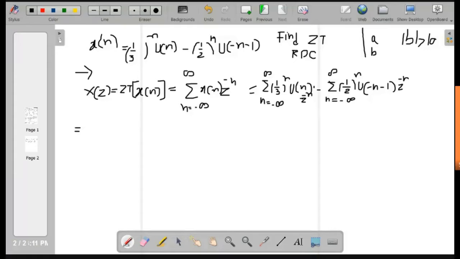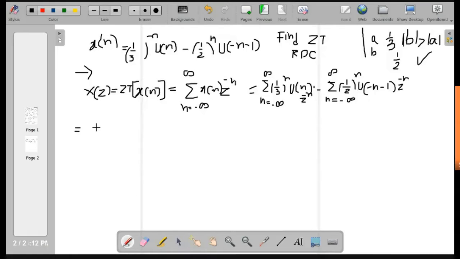This I have to take into consideration. If it holds, then only I'll be able to solve, otherwise I'll not be able to solve this. So you just see that b is 1 by 2 and a is 1 by 3. So whether it is possible, yes. 1 by 2 is greater than 1 by 3, that is 0.5 is greater than 0.33. So this is okay, I can solve this.